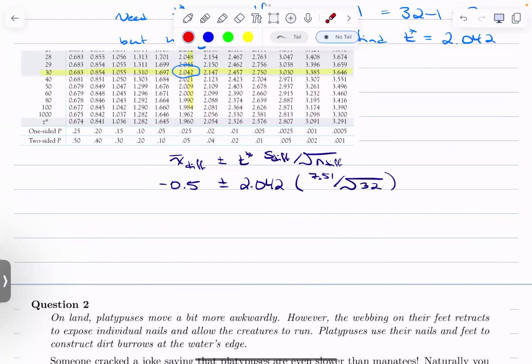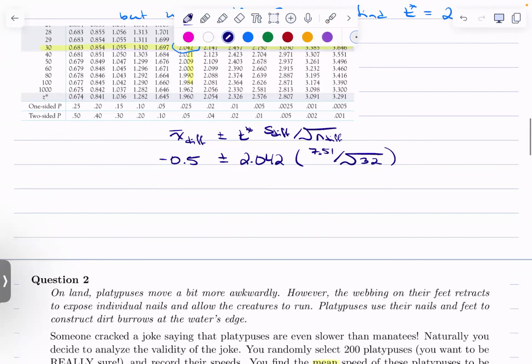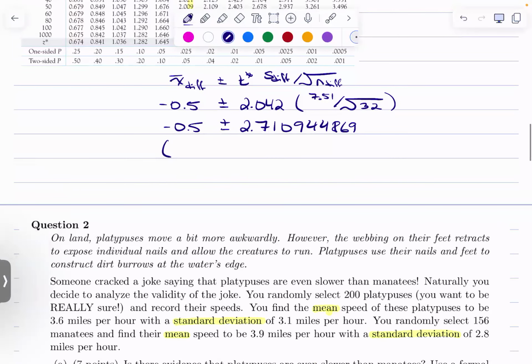Okay, here we go. 7.51 divided by the root of 32 times 2.042. I get the margin of error of 2.710944869, which means negative 0.5 minus that puts me at negative 3.211.